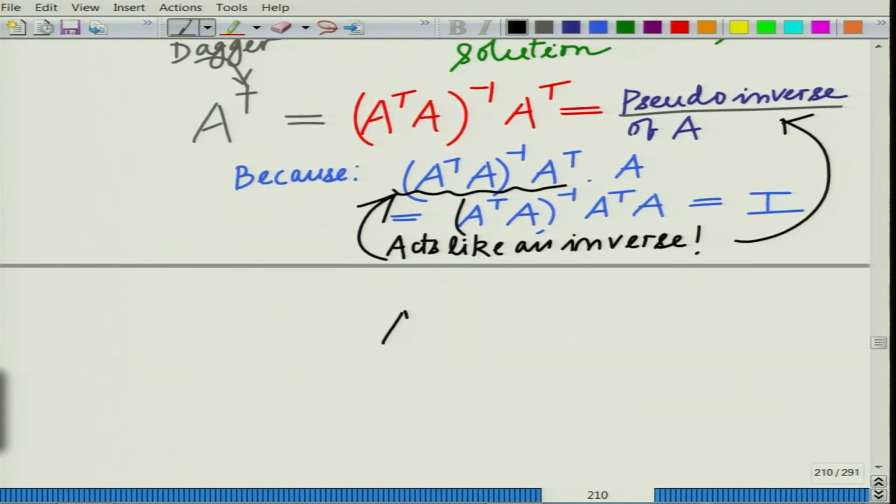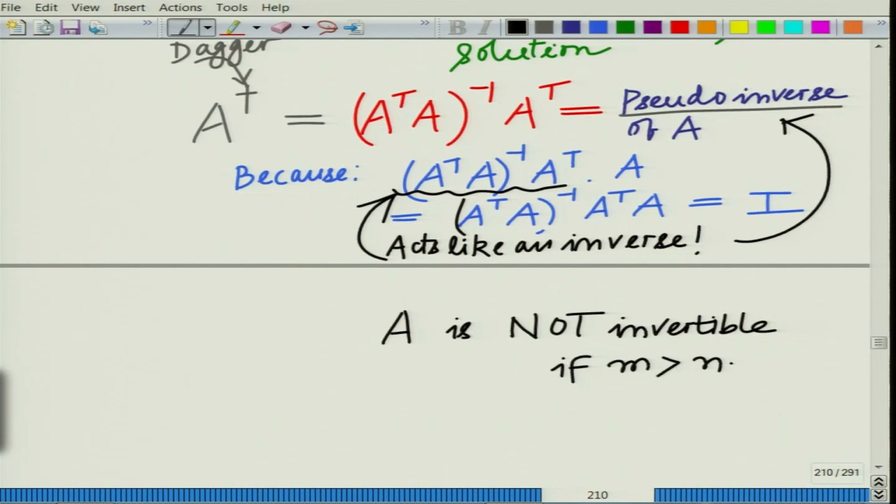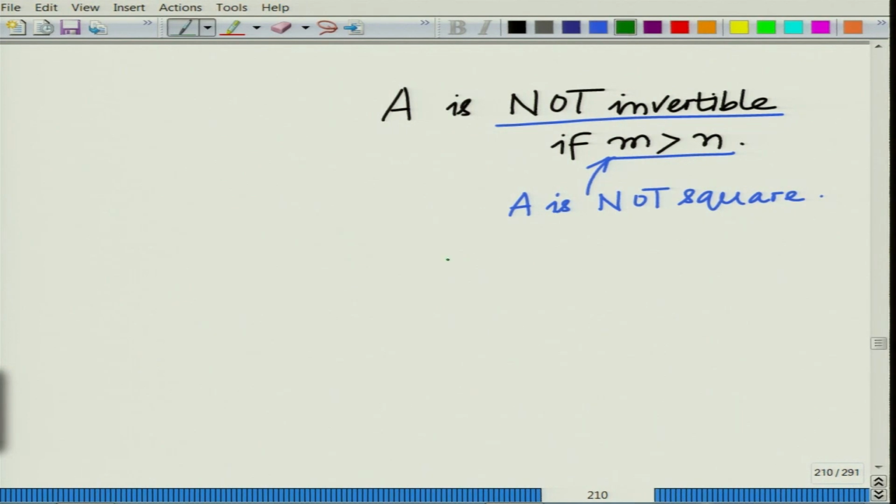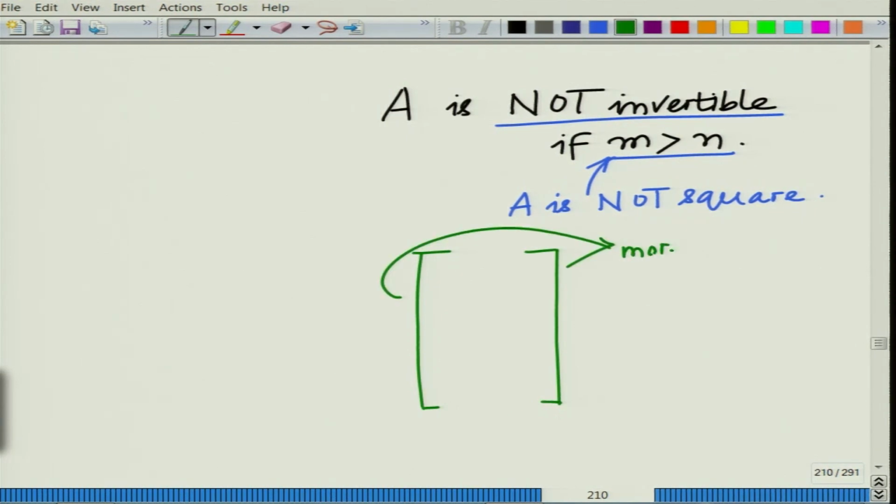Because note that A is not invertible if m is greater than n. This is always important to remember, because if m is greater than n, A is not a square matrix. In fact, if you look at A, it has an interesting structure. If m is greater than n, it has more rows than columns, more height than width.